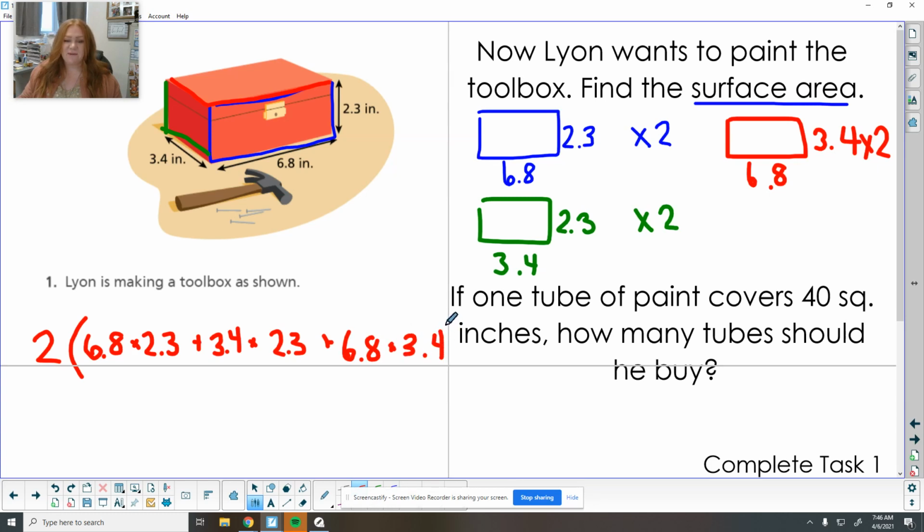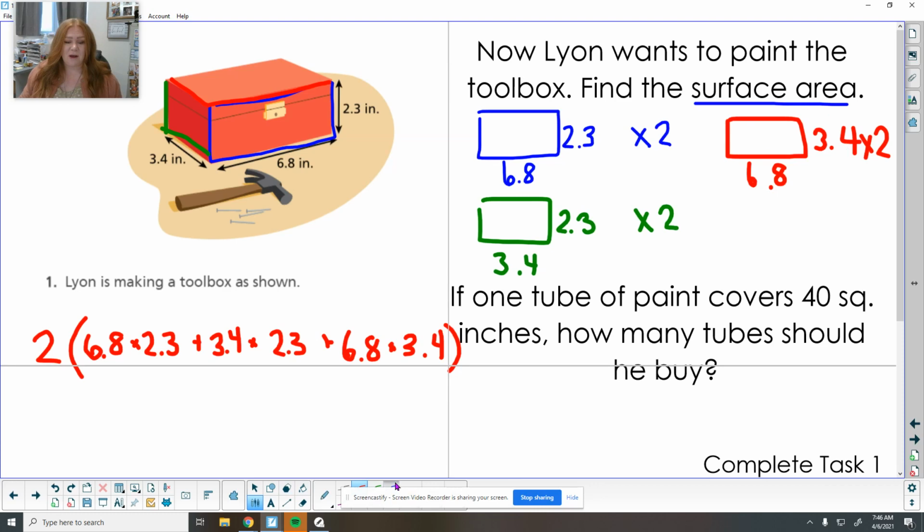So we have each of those sides: the front, the side, and the top. We found each of the sides, added them together, and then we're going to double it, is how you would write that formula out. Or you can just do it piece by piece. Find this one times 2. Find this one times 2. Find this one times 2.